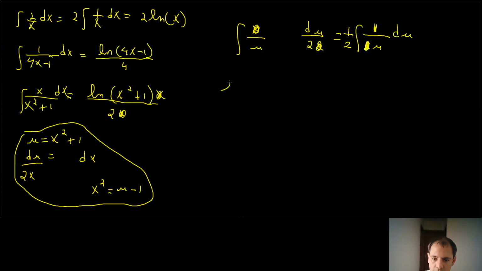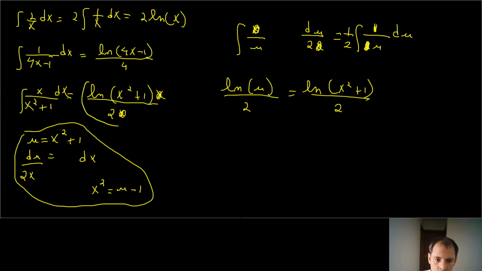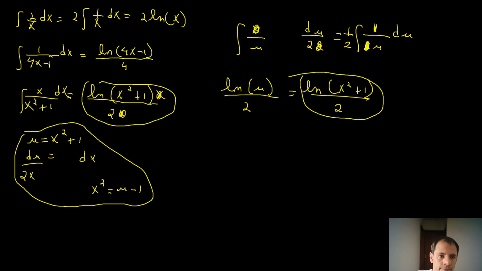So what you have is ln of u, divided by 2. And what is u? It's x squared plus 1. So we have ln of x squared plus 1 divided by 2. And look at this. What we have here is what we have here. It's the same thing, okay?